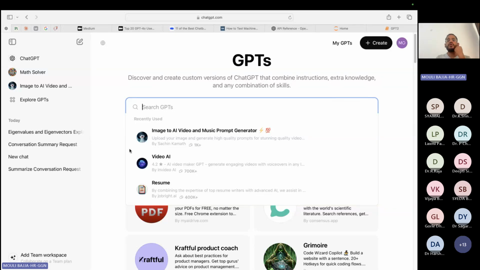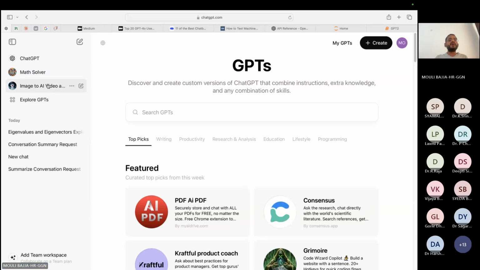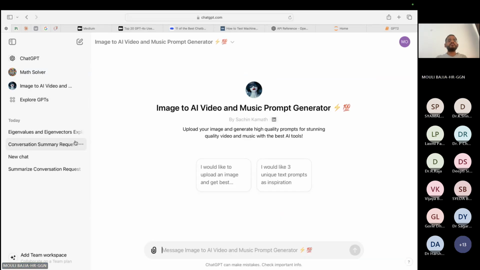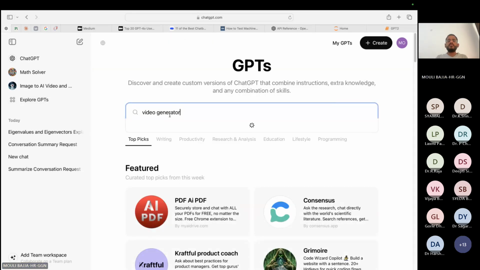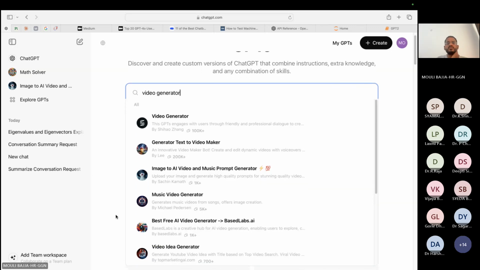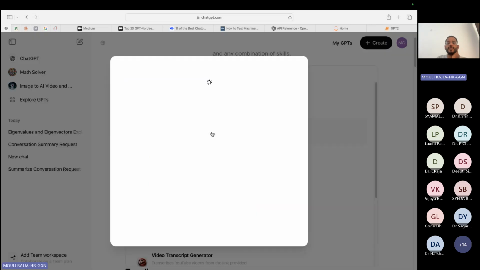Let's try a video generator and see. We'll just look for a video generator. Text to video maker.